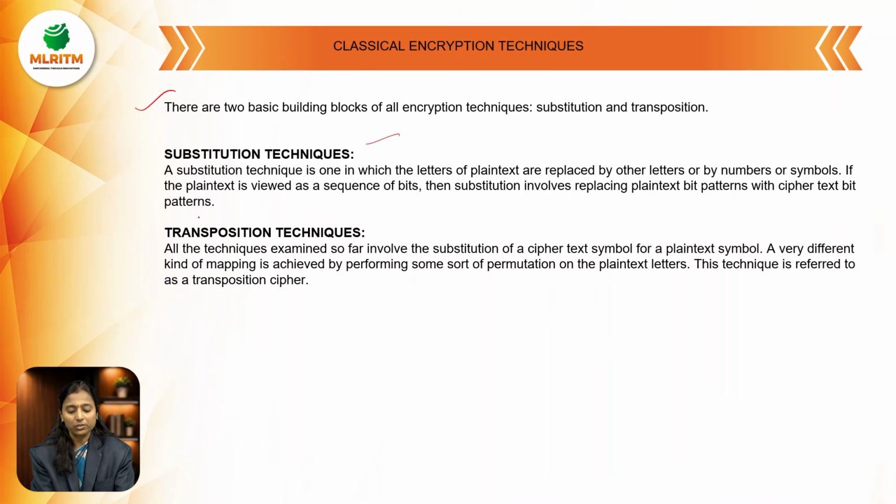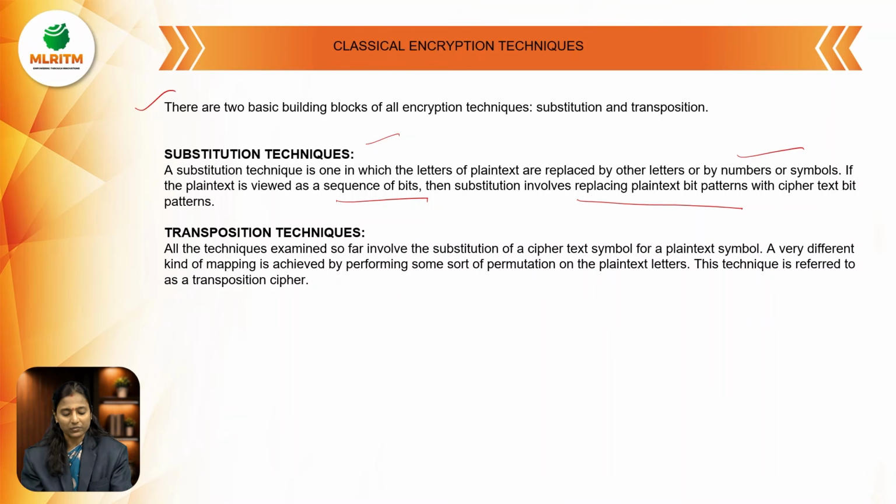The substitution technique is one in which letters of plain text are replaced by other letters, that may be numbers or symbols. The plain text can be viewed as a sequence of bits, and substitution involves replacing plain text patterns with ciphertext bit patterns. That is the substitution technique.